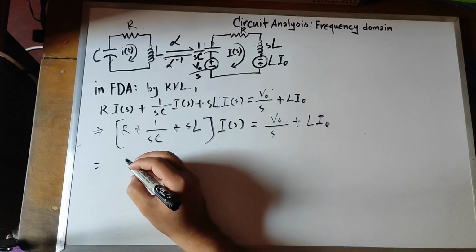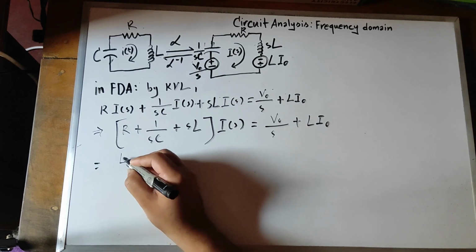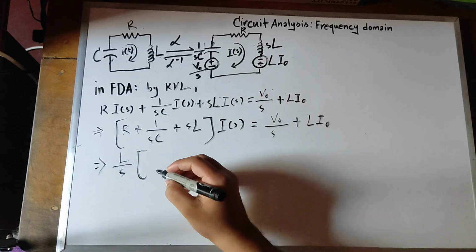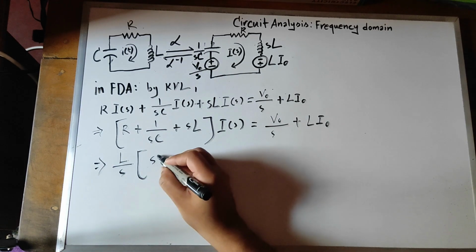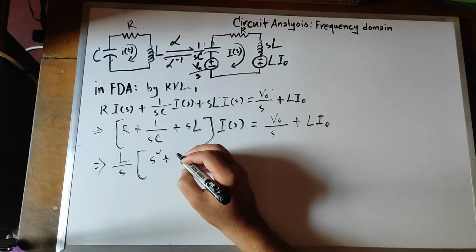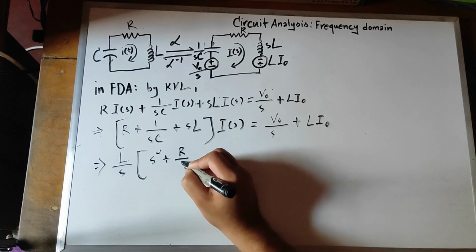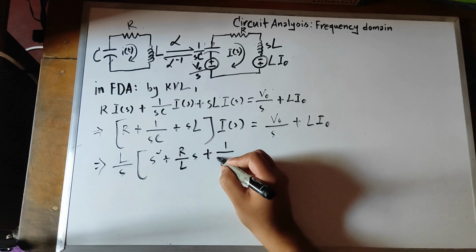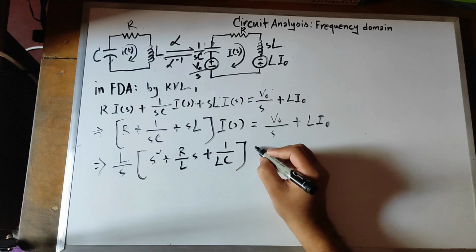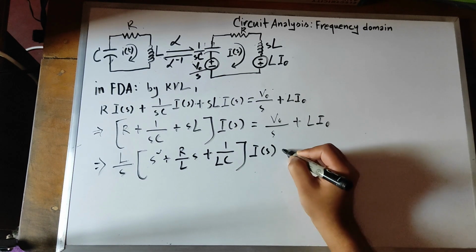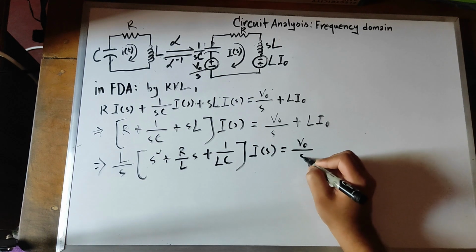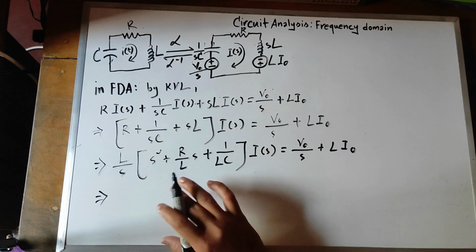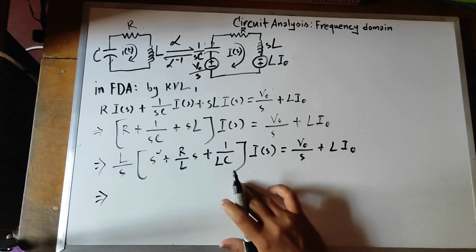Now if we take L by S out, it will give us S square plus R by L S plus 1 by LC times I(s) equals V0 by S plus L I0. Now it's starting to get to a more standardized form, you can see here.